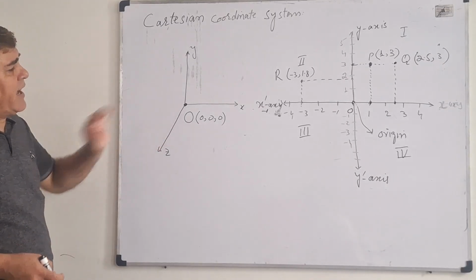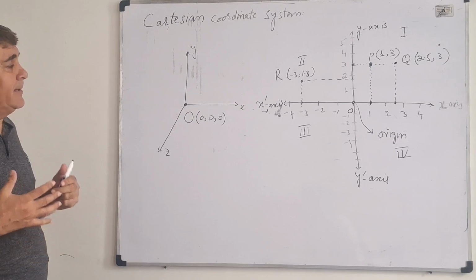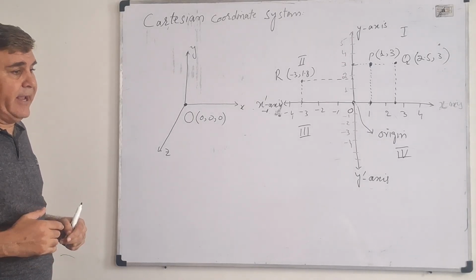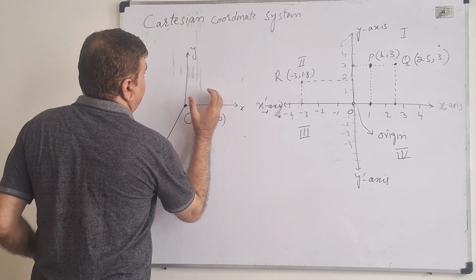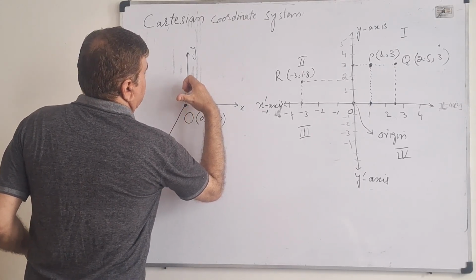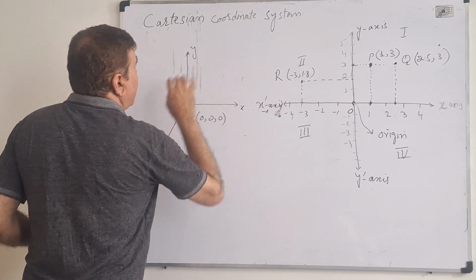Now, there are two types of coordinate systems in three dimensions. We call them right-handed and left-handed. It is right-handed if I curl the fingers of my right hand from x to y, and the thumb represents the positive direction of the z-axis.